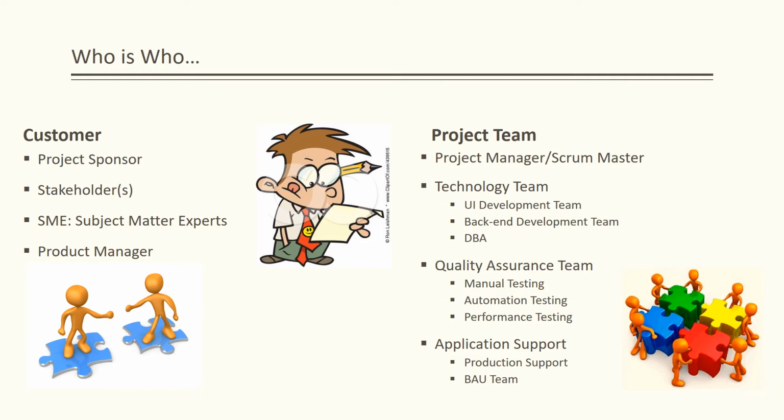So this is where the development team comes in, the testing team, the database team, any application support teams, and even project managers and scrum masters would come in under this project team. So this is why communication, listening, analytical skills, and presentation are very important.